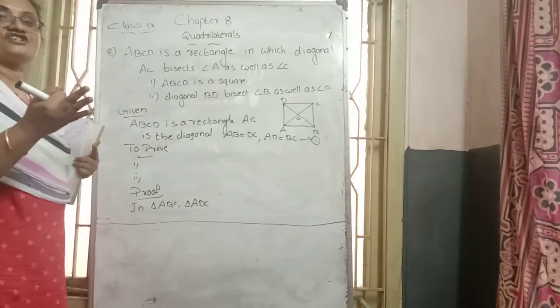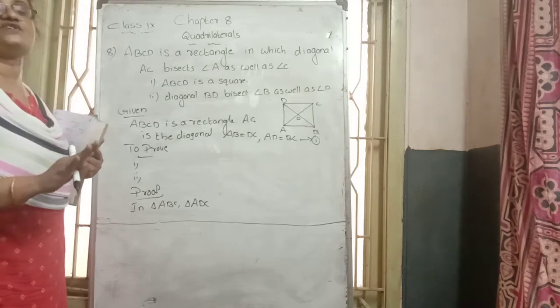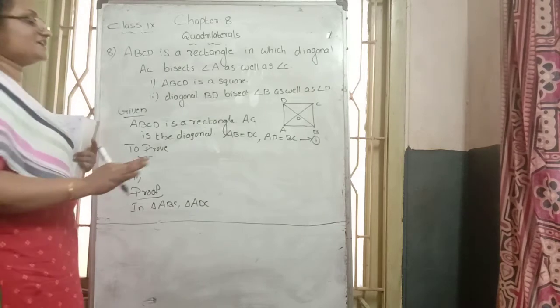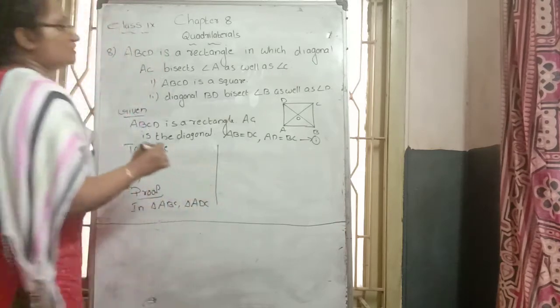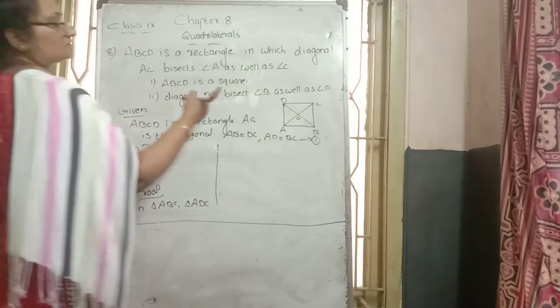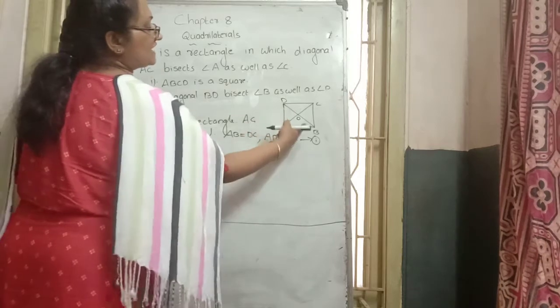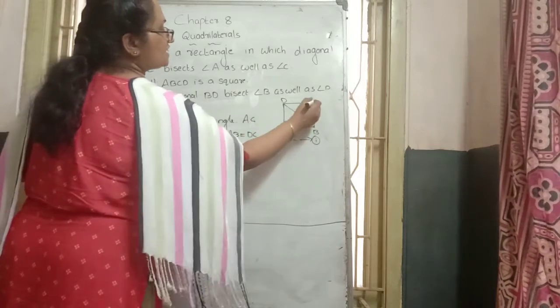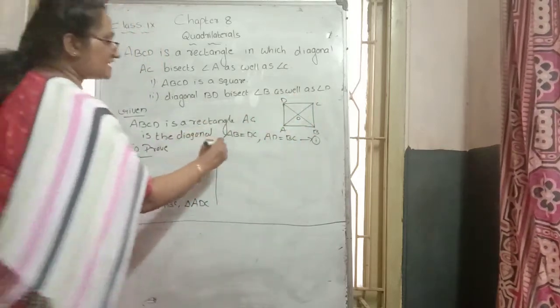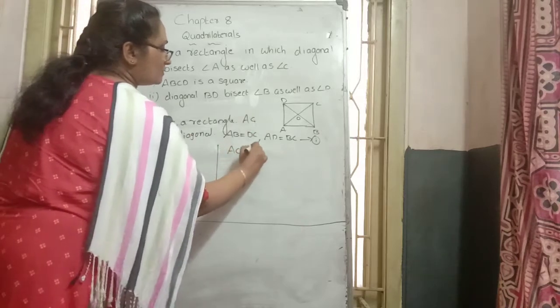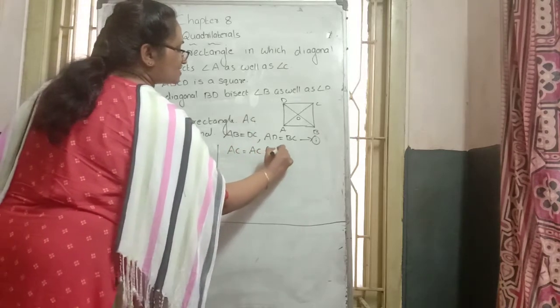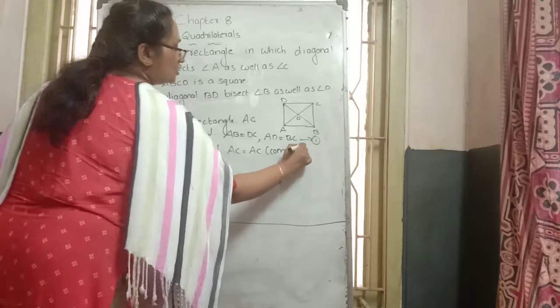If any three conditions apply, we can say the two triangles are congruent. What are the three conditions we can apply? In both triangle ABC and ADC, which line is common? Line AC is the common side, so we can write AC is common for both of them.